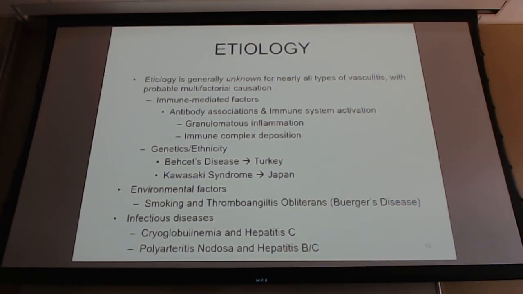So granulomatous inflammation, immune complex deposition, genetics, ethnicity: Behçet's, Turkey; we talk about Japan, Kawasaki. Environmental factors that could be out there, smoking, thromboangiitis obliterans. We talked about infectious stuff, hepatitis B or C, cryoglobulinemia, polyarteritis nodosa.